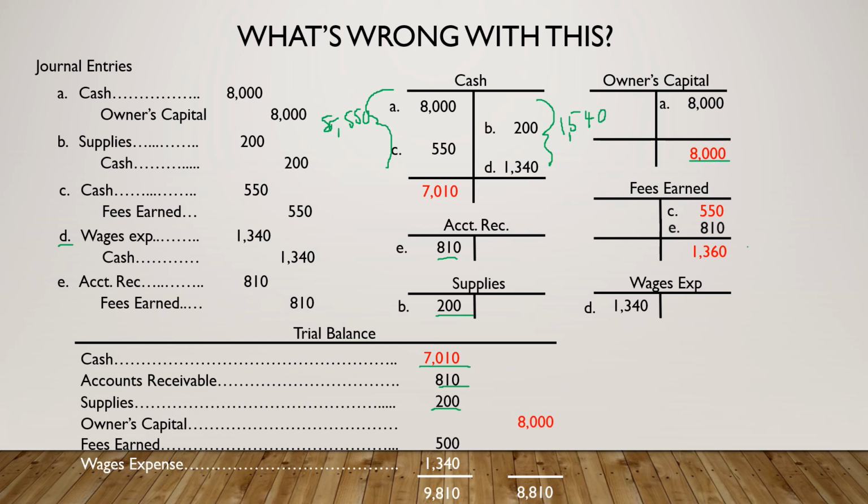And of course, fees earned had a 500 credit initially. On the trial balance, it's a $500 debit. That needs to be changed to the correct balance, and it needs to be a credit. And finally, wage expense, a 1340 debit matches a 1340 debit.